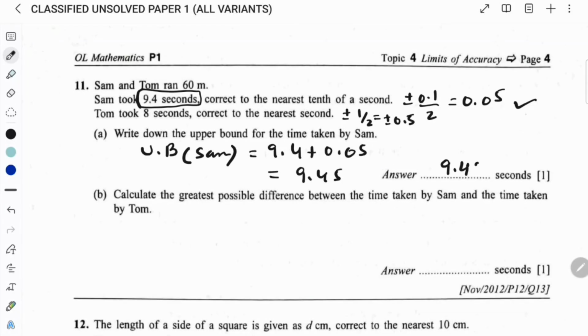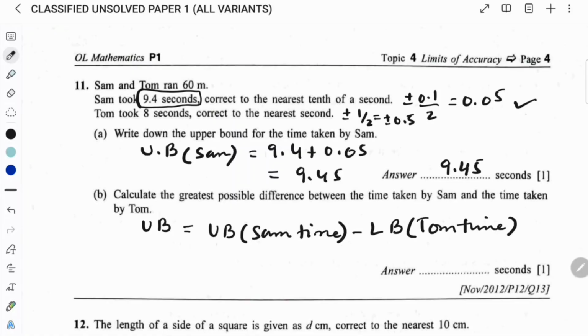The next one, part B: calculate the greatest possible difference between the time taken by Sam and the time taken by Tom. So it is a difference question. We take the upper bound of Sam's time minus the lower bound of Tom's time, because Tom's timings are smaller.